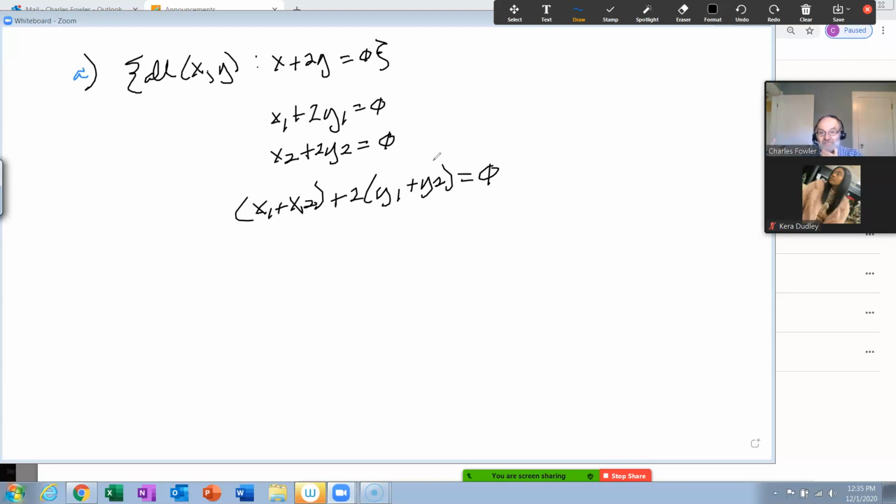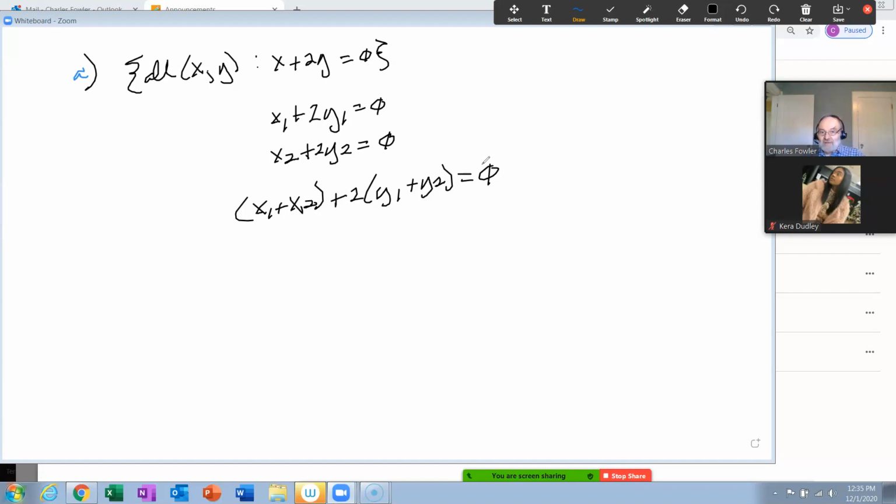So under vector addition, that works. A number in there plus twice the number in there has to equal 0.